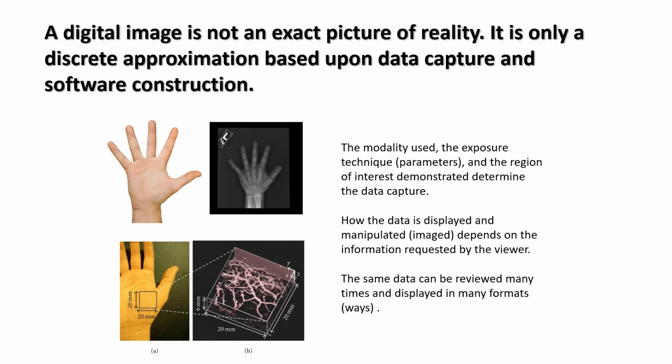The modality used and the exposure technique and the region of interest demonstrated determine the data that is captured. How the data is displayed and manipulated or imaged depends on the information requested by the viewer. The same data can be reviewed many times and displayed in many different formats.